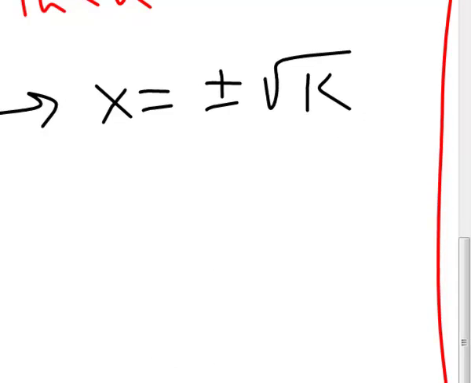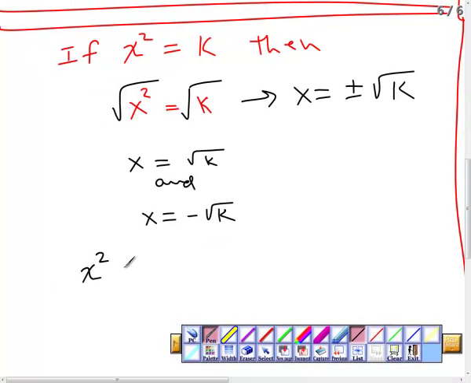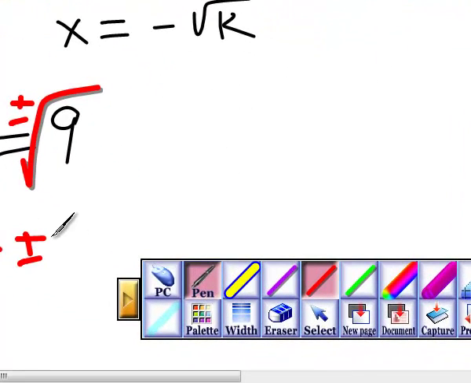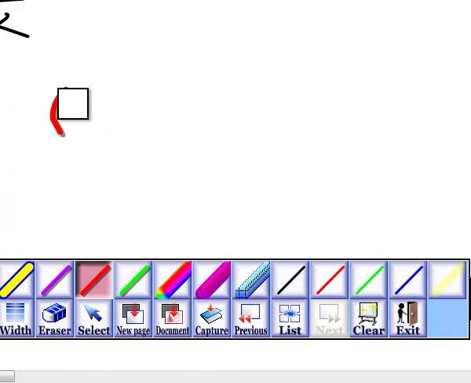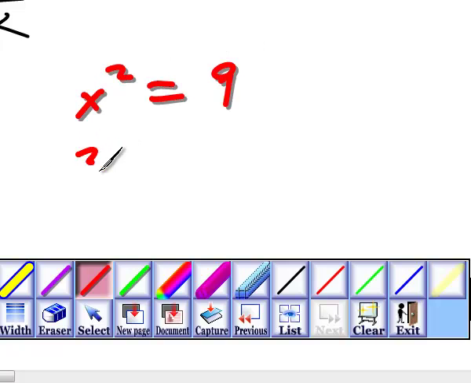For example, let's say that we have x squared equals 9. Well, if we apply a square root to both sides, right, we get x equals plus or minus 3. Well, let's see how that works. If we put where x squared equals 9, we put positive 3 in here, right?